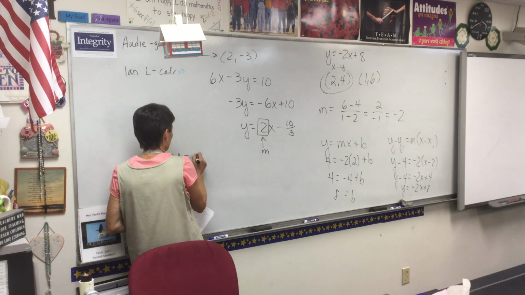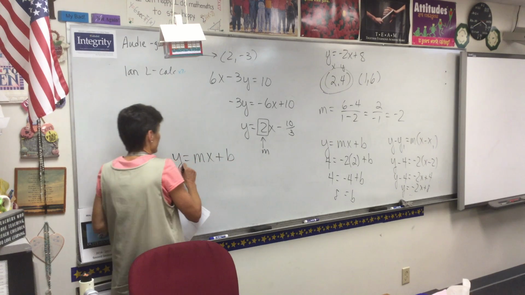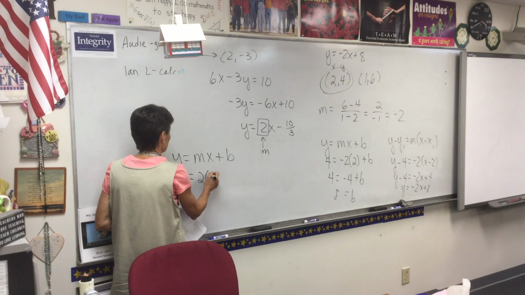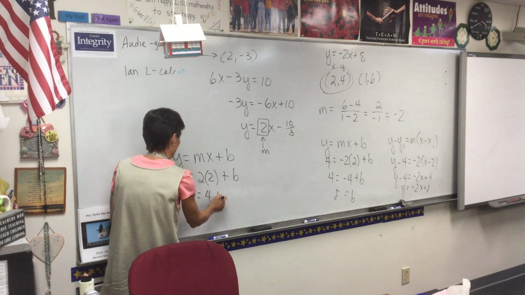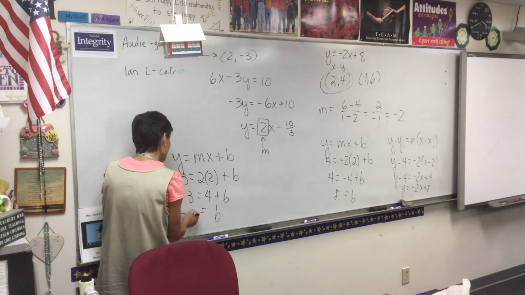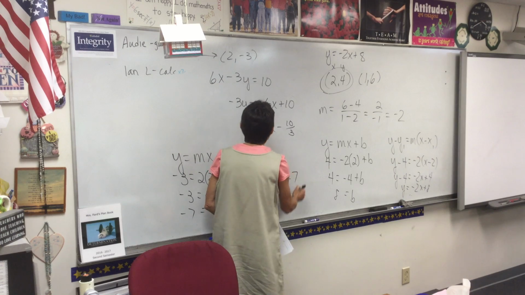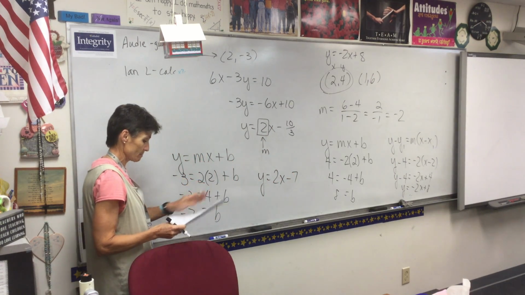So if I do y equals mx plus b, and you can do it either way, -3 equals 2 times 2 plus b. I got -7. So my answer is y equals 2x minus 7.